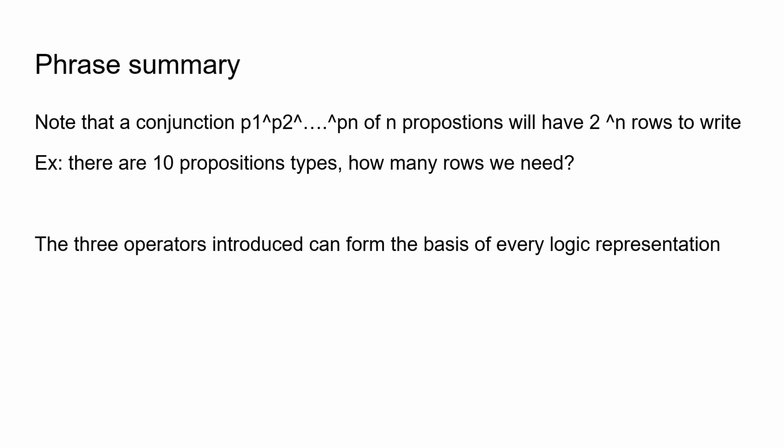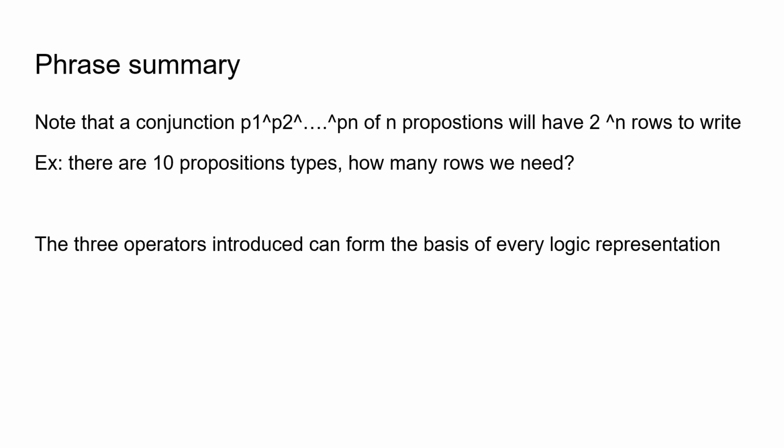Since for every proposition we have to choose true or false. So if you want the total result of this conjunction in a truth table, we have to write down 2 to the power of n rows to figure out what the total result will look like.